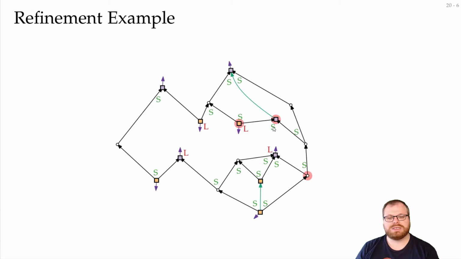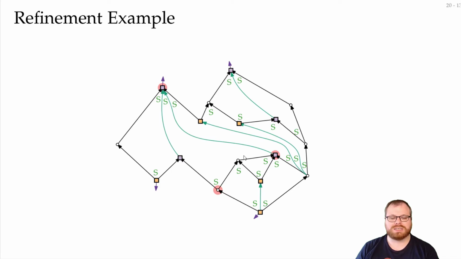We can take these LSS, we add an edge up here, we destroy this large angle. Then we add an edge from here to here. We add an edge from here to here. And an edge from here to here. And now all the large angles in the interior faces are destroyed. We pick a source and a target on the outer face, and we keep refining while keeping those. So we add some more edges here, and then we're done.